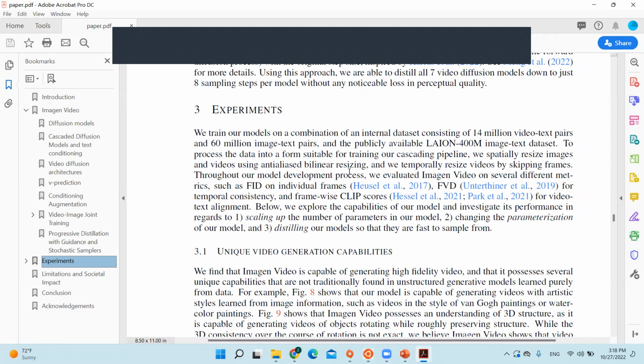Yeah, so they measure with several metrics, such as FID for individual frames and FVD. FVD is actually for temporal consistency, while frame-wise consistency is handled by the others. I'm not sure how it's computed.